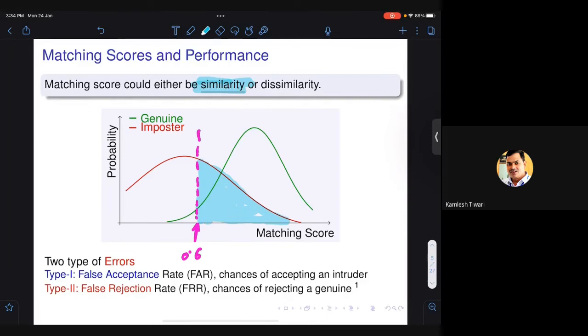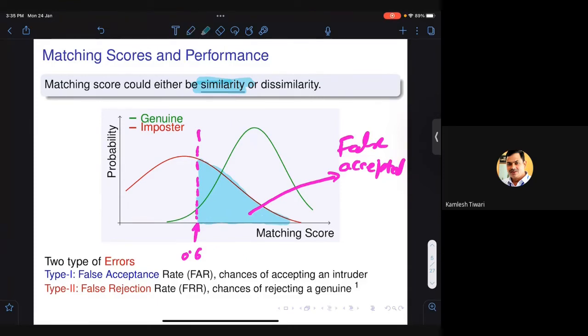They would be treated as genuine, same people. They would be accepted. Are you able to see? But it is a false acceptance. It is a wrong thing, because they are imposter people whose score is larger. They are falsely accepted people.